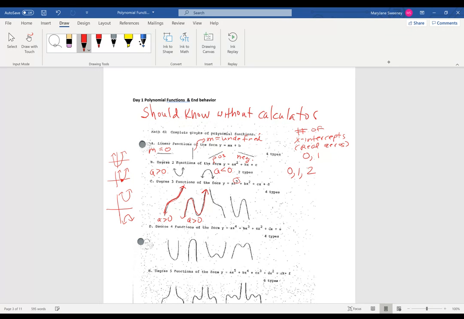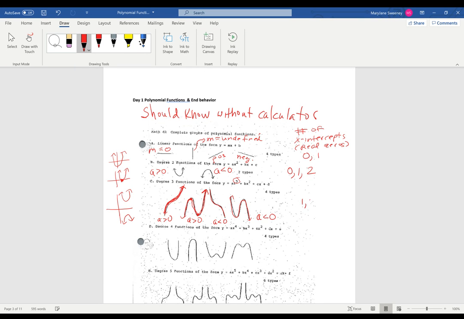Could just gradually increase like this first one, or it could increase to a maximum, decrease to a minimum, and then increase. Now, it could be one that's gradually decreasing. Here, a is negative, or it could decrease to a minimum, increase to a maximum, decrease after that. This is still a is less than 0 because it's ending down. So when a is negative, it's ending down. When a is positive, it's ending up.